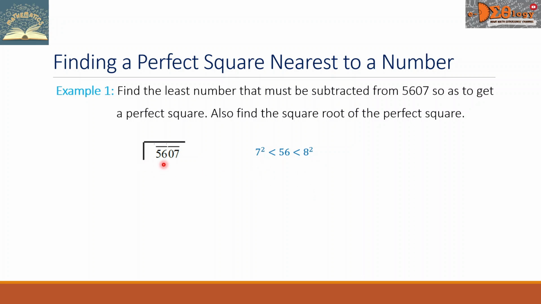So the square root of 56 is 7. We write here the number 7. We multiply 7 by 7, we will get 49, and the difference is 7. Then we bring down the 07.